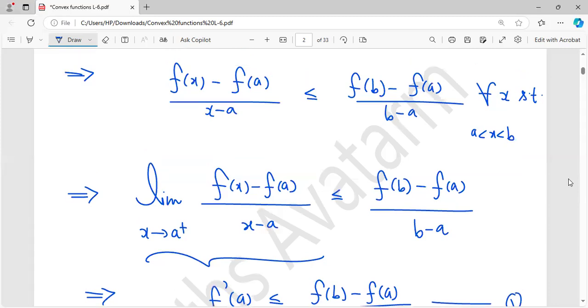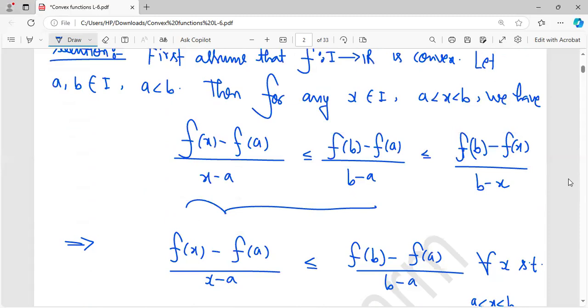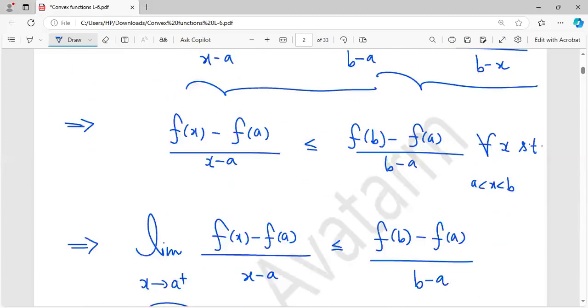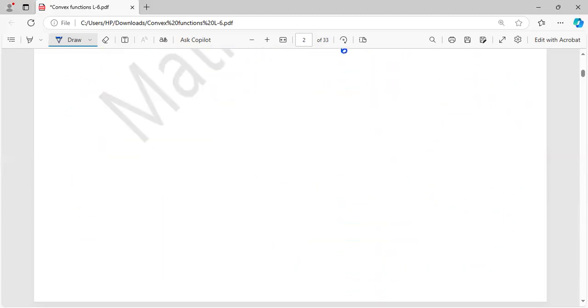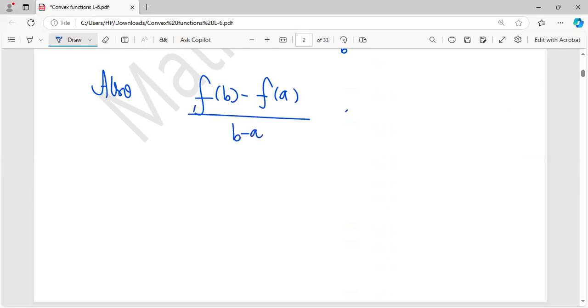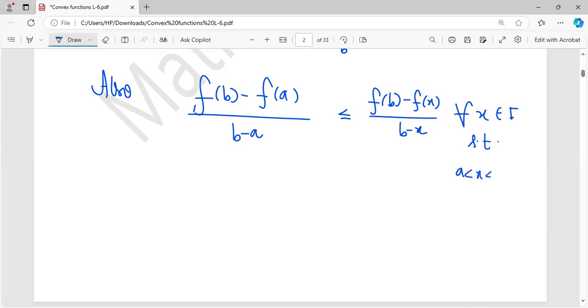Now again we will use the other part. We also have (f(b) - f(a))/(b - a) is less than (f(b) - f(x))/(b - x) for all x belongs to I in this range.